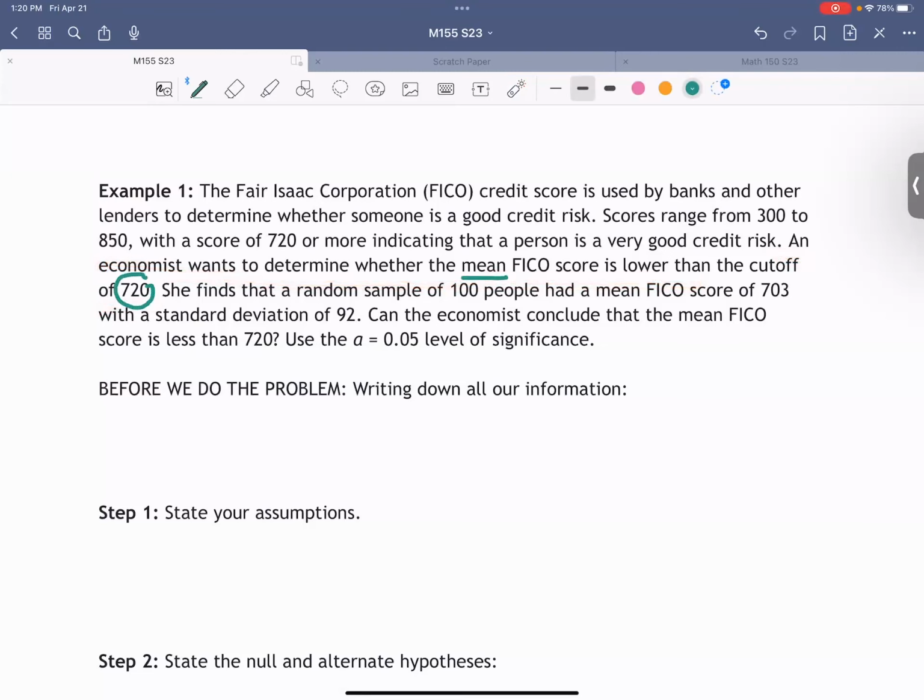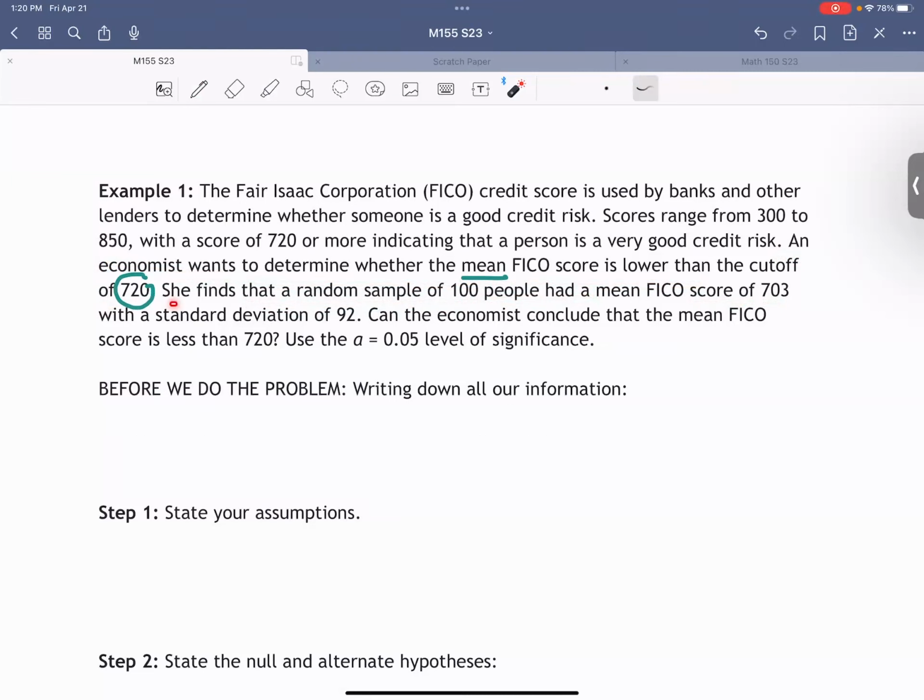It's talking about a mean. Do you think this is a population mean or a sample mean? You saw my face, you're like, population. Anyone want to explain why it might be population? Right, so Angie's saying there are only two options, population or sample.